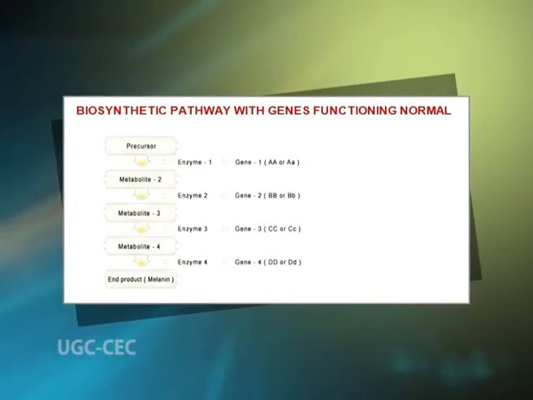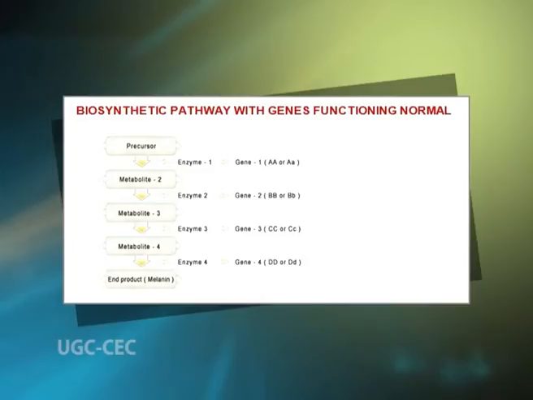Enzyme 2 is synthesized only when the genotype is capital B capital B or capital B small b. The conversion of metabolite 3 to metabolite 4 happens with the help of enzyme 3, and the genetic composition required for the production of enzyme 3 is capital C capital C or capital C small c.